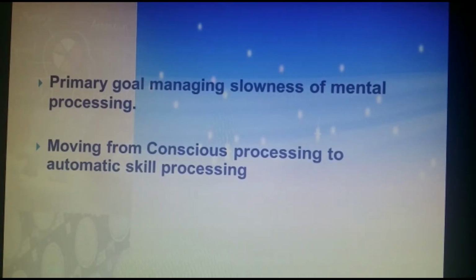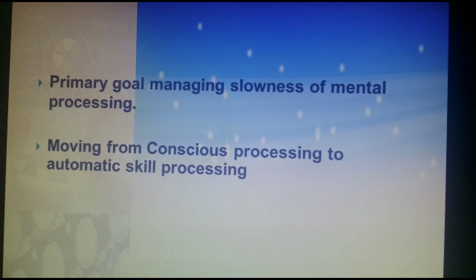One of the strategies we call time pressure management. This is an evidence-based strategy used with patients who have mental slowness and information processing problems. So again, we need to improve mental slowness for those patients by using process training and moving from conscious processing to automatic skill processing, because some of the activities we do every day become automatic or unconscious.